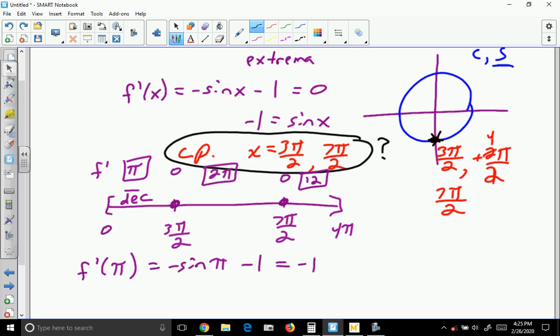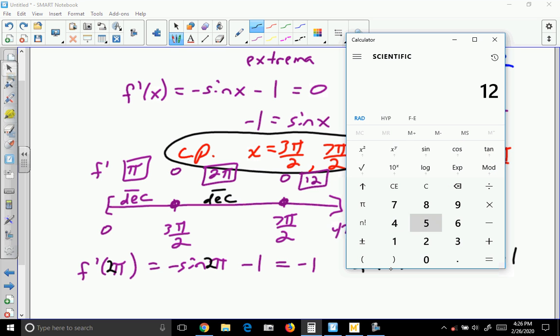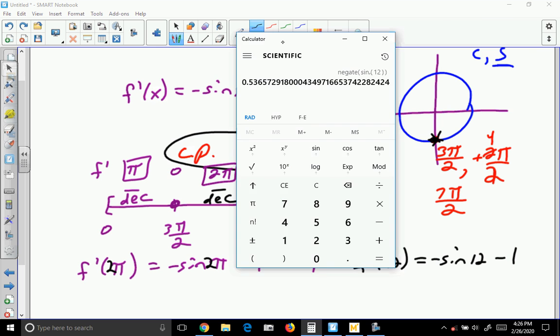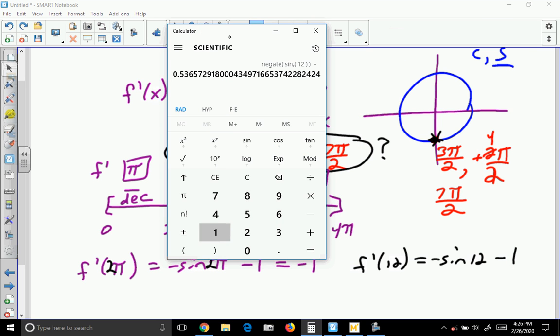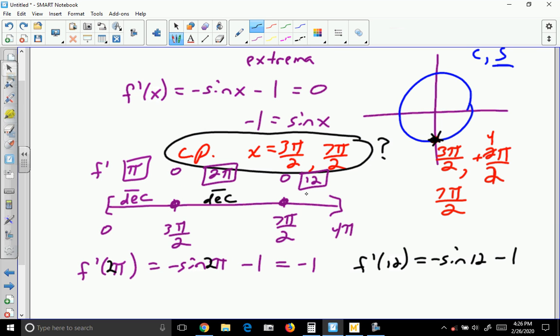If we put in 2 pi, sine of 2 pi is also 0, so we're decreasing in this interval. And then if we put in 12, we have minus sine of 12 minus 1. So sine of 12, we want to take the opposite of that, minus 1, and we're negative there. So we are decreasing in that interval.